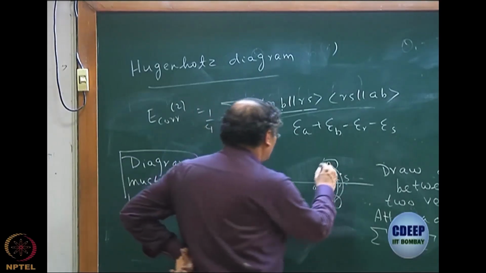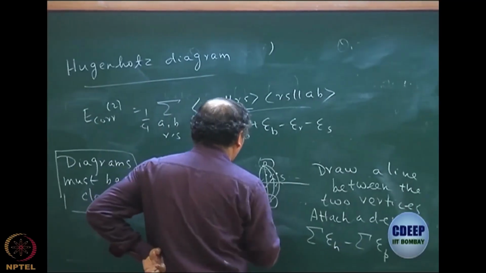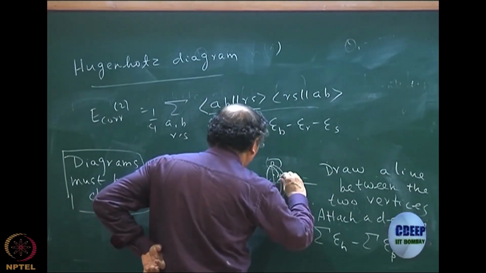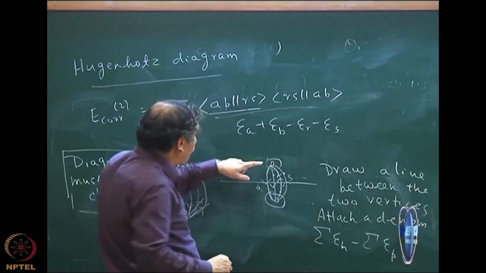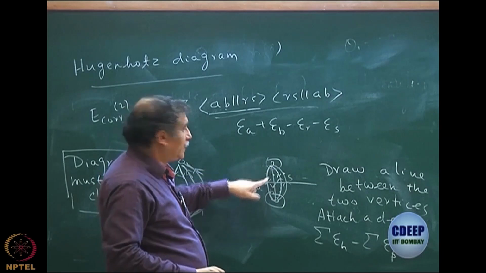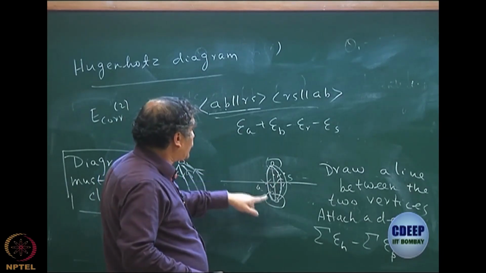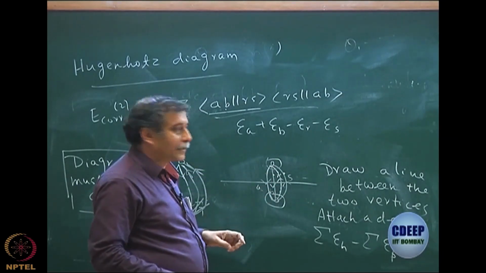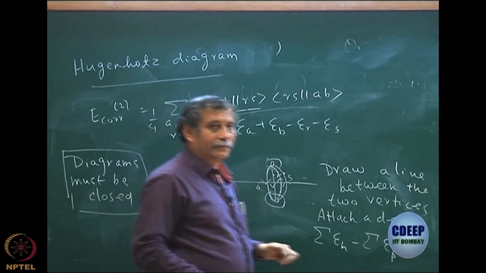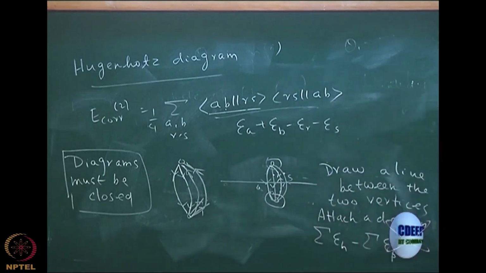What is a loop? A loop is the following. You start from here, A, go to R and come back. If you start from here and come back to the same point, like A to R, then it is one loop. Then again you can come back with another line, B, come back here, B to S, so that's another loop.